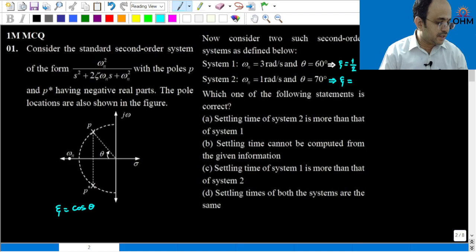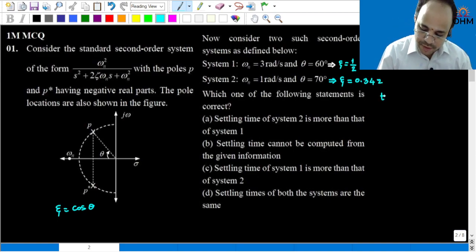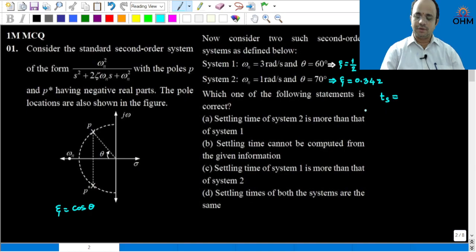Cos 70 degree numerical value is 0.342. Now, what is the settling time formula? Here it is not mentioned that 2% or 5% tolerance limit. Now, just for more accuracy, let us consider 2% tolerance. So, that will give you 4 by zeta omega n.